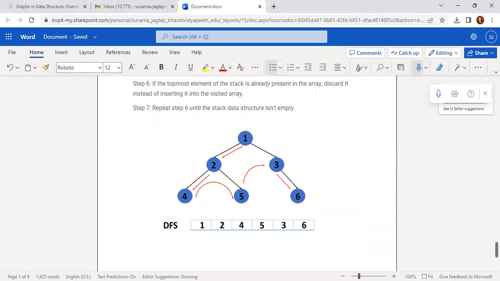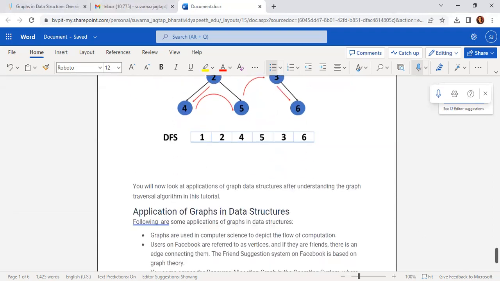We'll backtrack to 1, which is also visited. Then, sorry, after that we'll visit 3, and then finally we'll visit 6. So the DFS answer is 1, 2, 4, 5, 3, 6. And this is called depth first search traversal of the given graph.